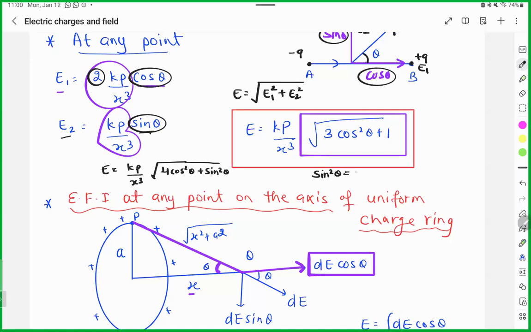So sine square theta will be equal to 1 minus cos square theta. Understood? That's why, if you put the value of sine square theta, you will get the answer. For example, if you write 1 minus cos square theta instead of sine square theta, you will get this answer according to the formula.